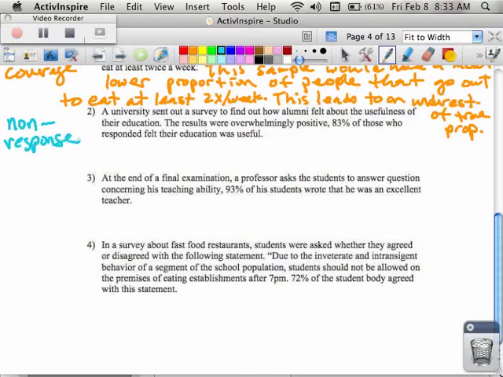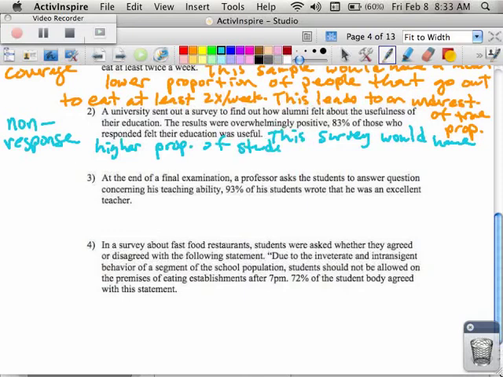Non-response. First of all, this survey would probably have a higher proportion of students that felt their education was useful.